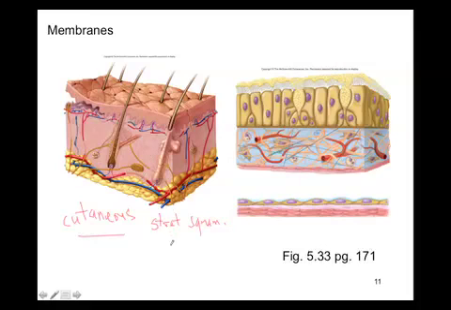We have a very, very thin layer in the dermis of loose connective tissue. Very thin layer. The majority of the dermis actually is dense, irregular connective tissue.